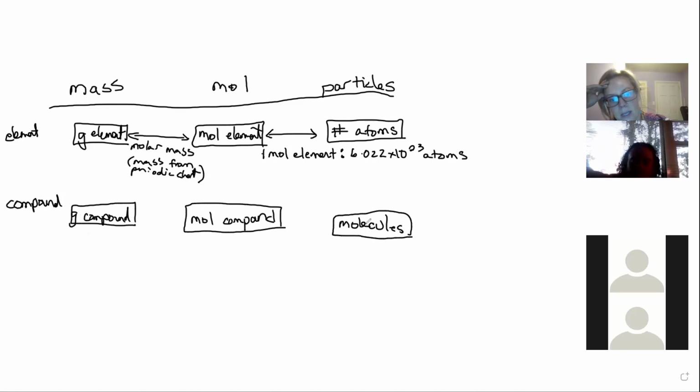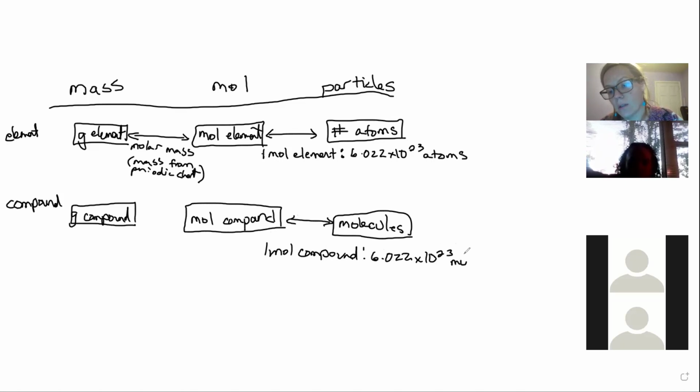The difference really between here and here, I mean, it follows similar patterns, but the top flow chart is for a single element. The bottom one is for a compound. So this step here is the same as this Avogadro's number, except it tells us that 1 mole of the compound, whatever that compound happens to be, is equivalent to 6.022 times 10 to the 23rd molecules.